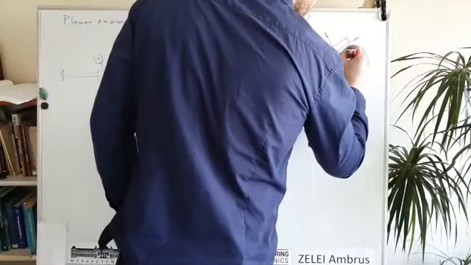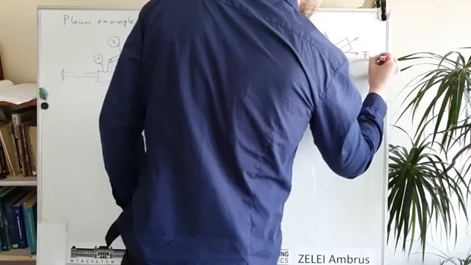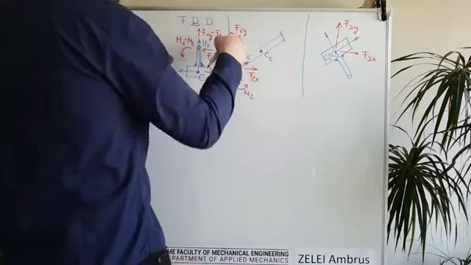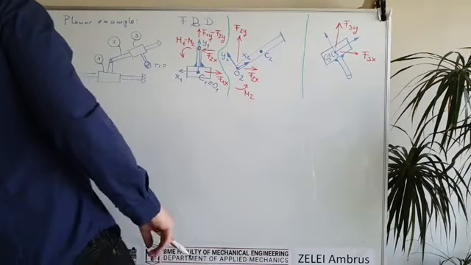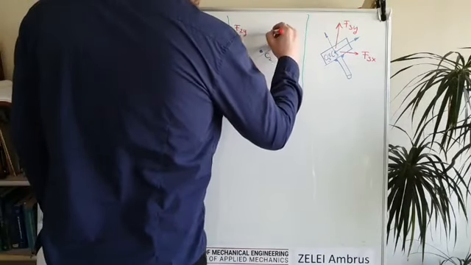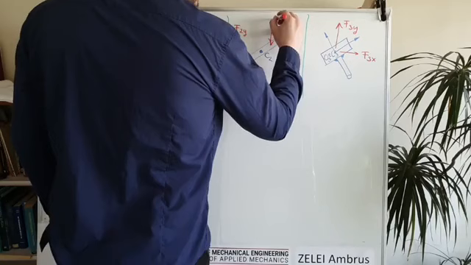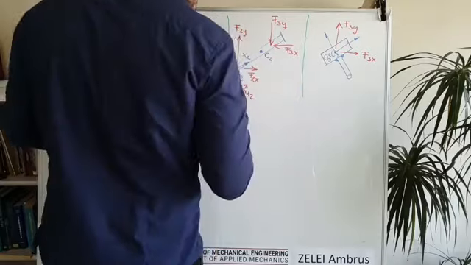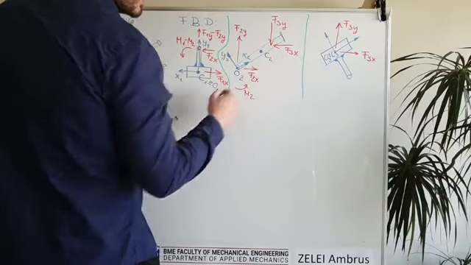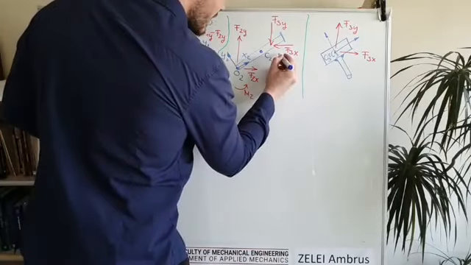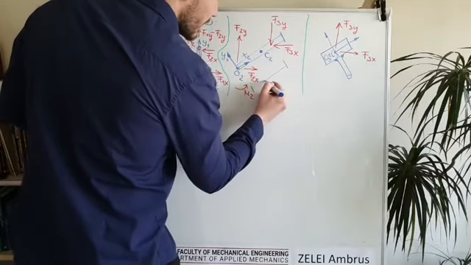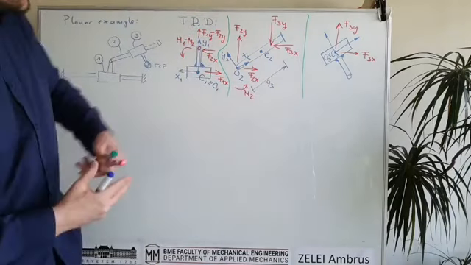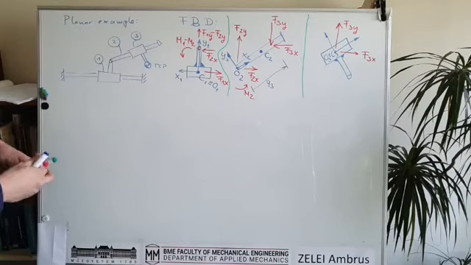So we say that F3x here and F3y acts here, and there is the opposite, or the reaction force, F3y and F3x, and the position of this point where the force acts is basically represented by the coordinate Q3. Okay, so the position is given by the location of rigid body number 3.